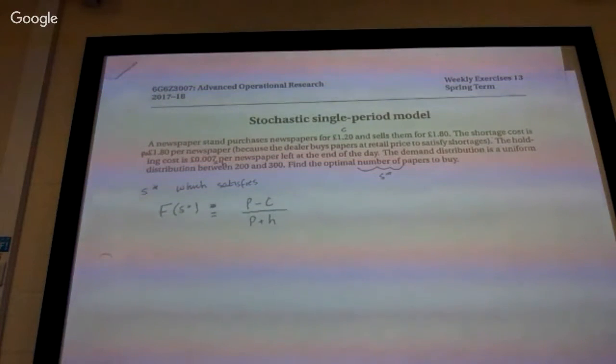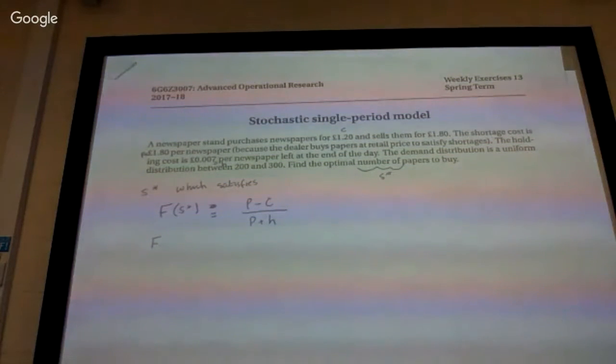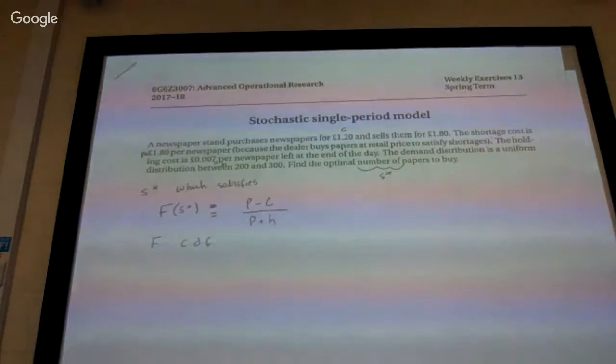And what is this capital F? It is the cumulative distribution function of the uniform distribution.